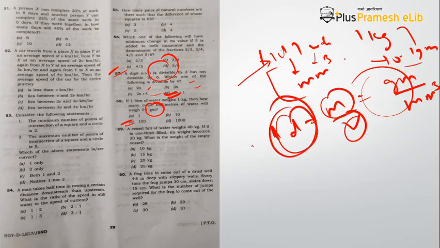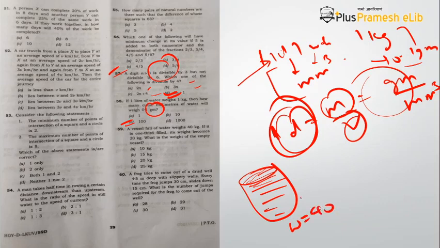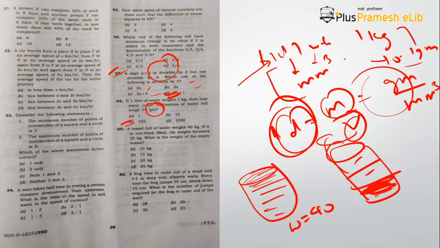Then you come to question number 59, which is telling you that a vessel full of water weighs 40 kg. Suppose this is a vessel which is full of water. When it is full, its weight is 40 kg. Then it is telling you if it is 1/3 filled, suppose I make 3 parts, 1, 2 and 3, so now I am saying it is 1/3 filled, then it weighs 20 kg.